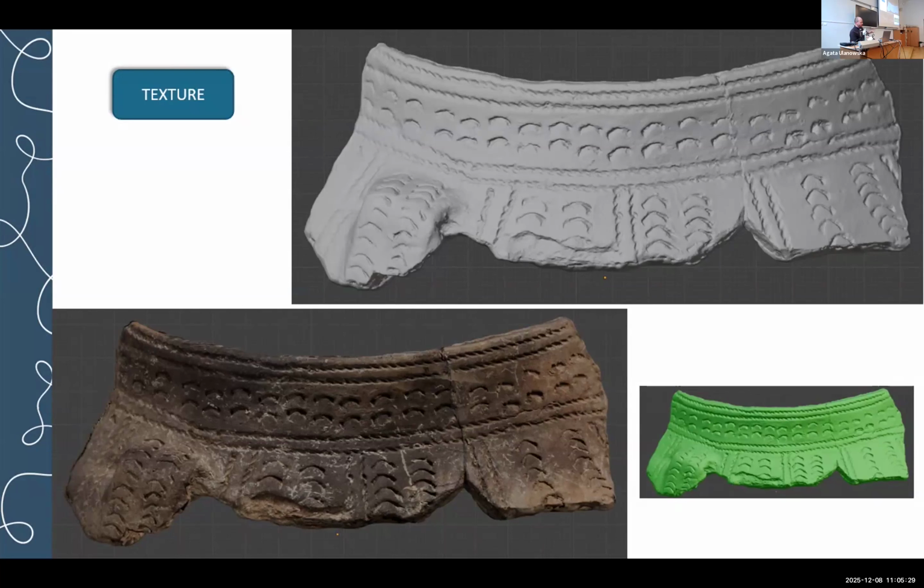For example, on this part of a pottery vessel, in the areas where it's darker, sometimes it's difficult to see the shape of the imprint. So when you turn off the texture and you are watching only the geometry in one color, sometimes it might be easier to recognize some details of imprints.